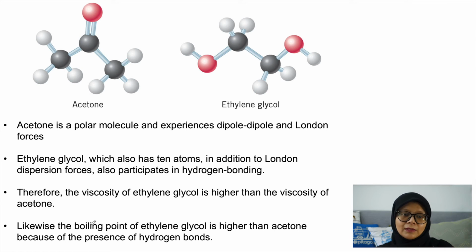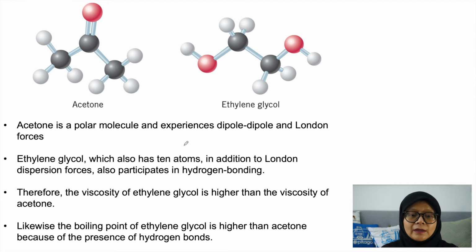Here we have two examples: acetone and ethylene glycol. Acetone is a polar molecule and it experiences dipole-dipole and also London forces. Ethylene glycol also has 10 atoms, and in addition to London dispersion forces, ethylene glycol participates in hydrogen bonding.